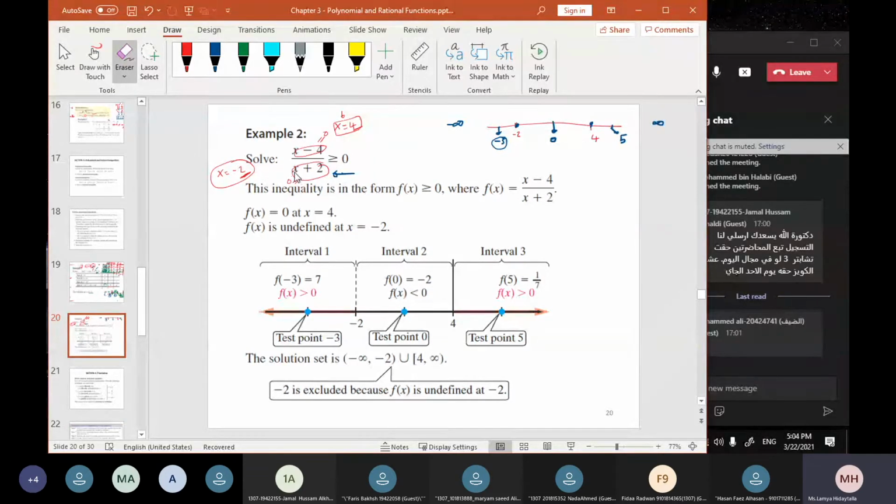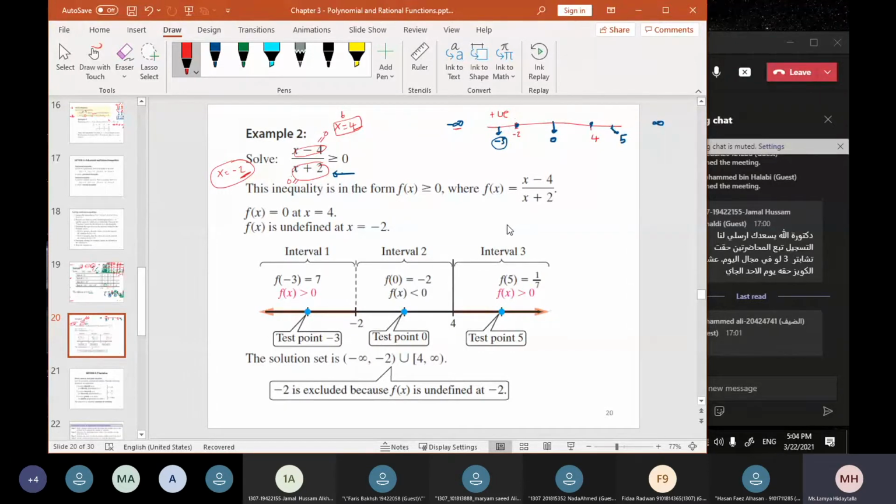And here -3 plus 2 is -1. So -7 over -1 is going to be positive. So in this interval the function is what? It is positive. So I have to write it is positive here, in the interval from -infinity to -2.